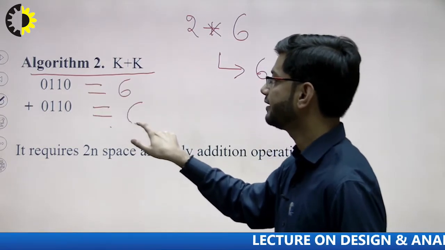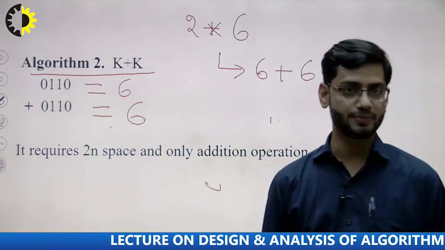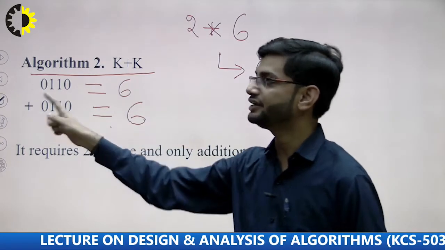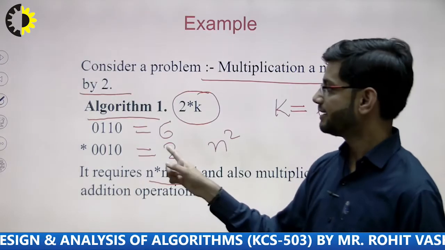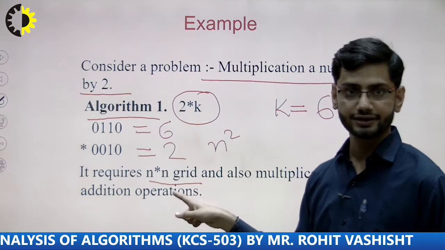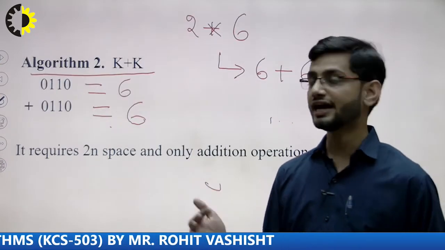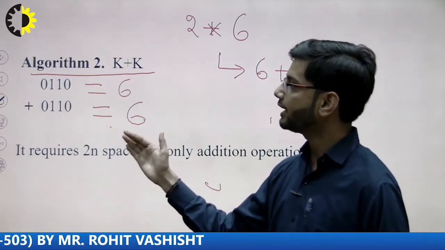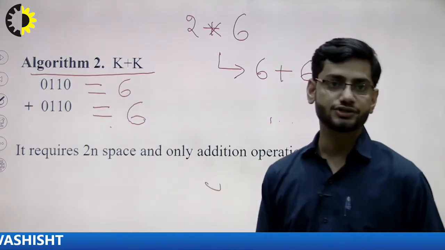But here I will require 2n space and only the addition operation. In algorithm 1, I require an n cross n grid and both multiplication and addition operations. But in algorithm 2, I require only 2n space and only the addition operation.